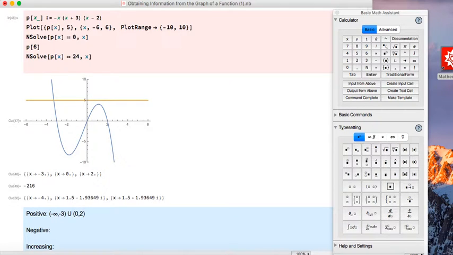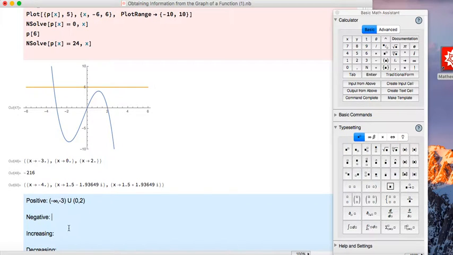And negative is otherwise, where the graph is below the x-axis, from -3 to 0, union 2 to infinity. Those two parts are below the x-axis.